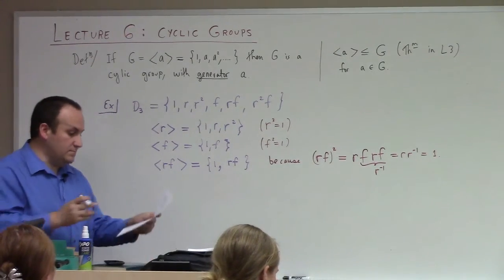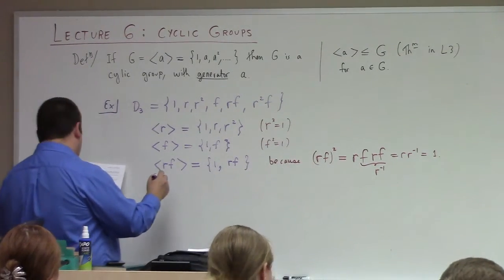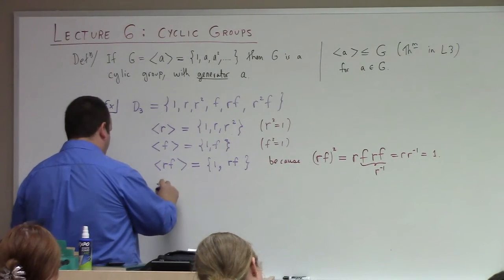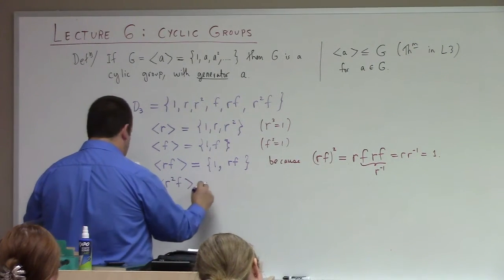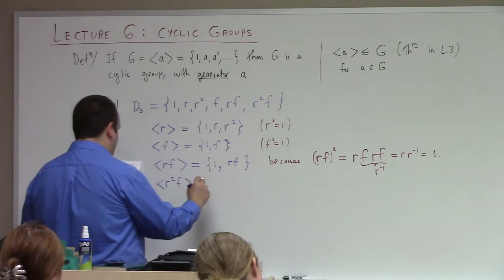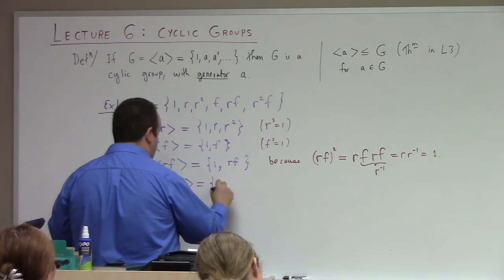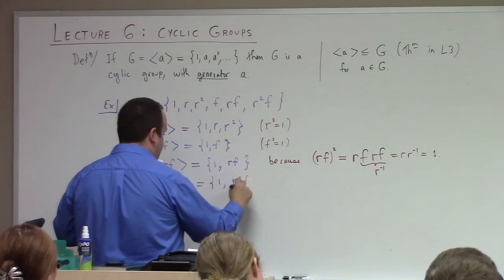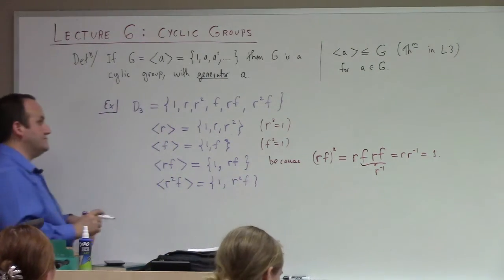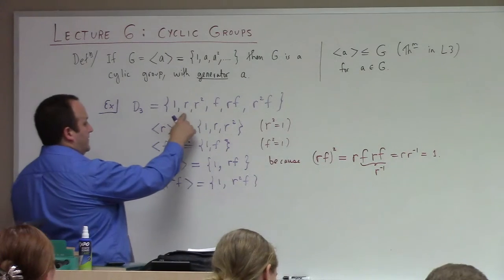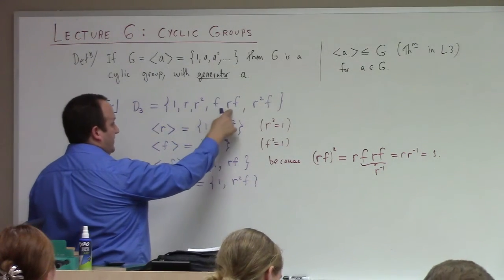Now let's see here. What else do we have? How about r squared f? Well, through a similar calculation, you can show that this has order 2 as well. So again, this is just like this. So we got r, f, rf, r squared f.